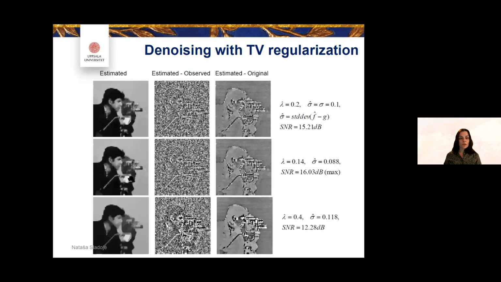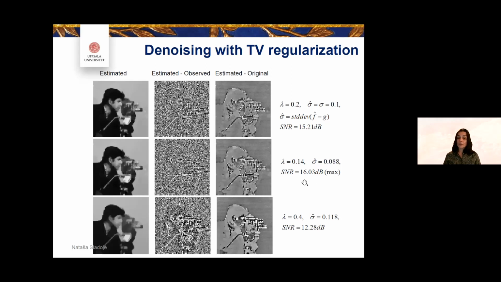To observe the effect of lambda, we are taking two other values, one smaller, let's say 0.14. This is the estimate I'm getting. Again, the noise I removed, and also the error of my estimation, so how much my estimated version differs from the original that I would like to get.